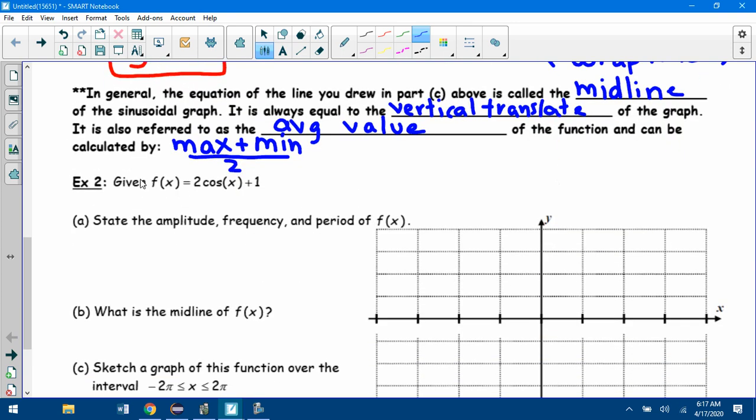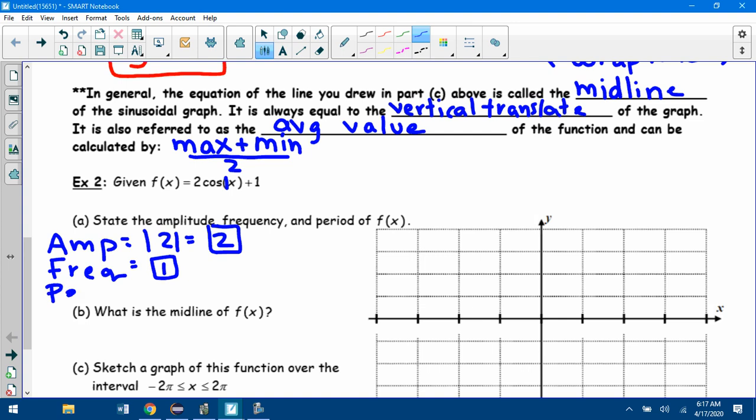Okay, so if I give you f of x equals 2 cosine of x plus 1, find the amplitude, frequency, and period. This is review from yesterday. What's the amplitude? It's 2, because the absolute value of 2 is just 2. What's the frequency? It's the b value, and it's 1x right there, so that's why it's 1.